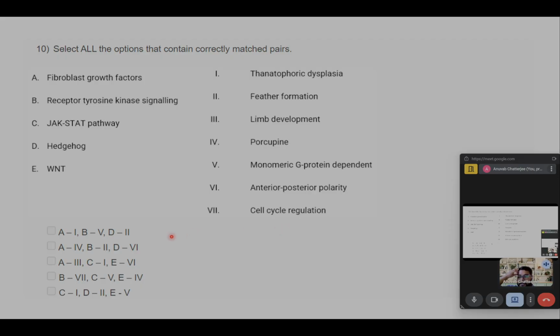And we have been asked to match the following, and we have multiple options here. So I'll give you a second to look through it and figure out which options are correct, and it is more than one correct type of thing. So it might be that you have to choose more than one option.